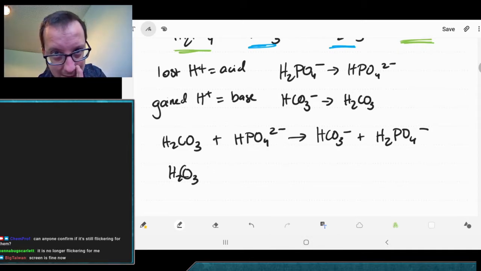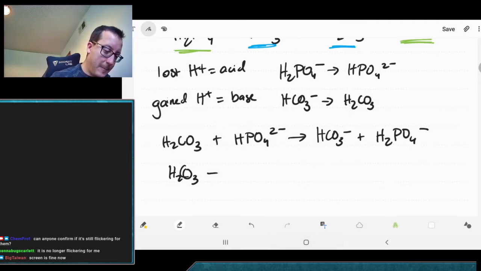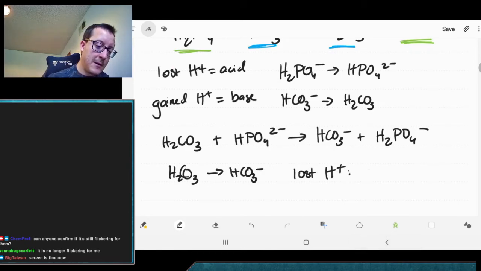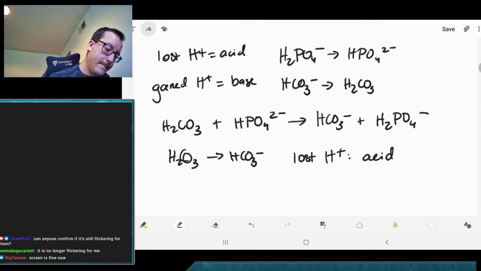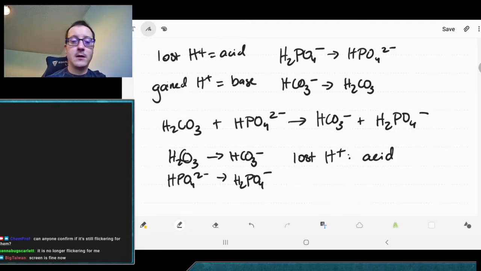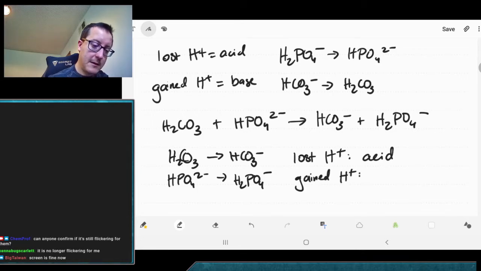Hint, there's the name acid in its name. Turning into bicarbonate. That has lost H+. Therefore, it's the acid. Our hydrogen phosphate becomes dihydrogen phosphate. It gained H+. Therefore, it's the base.